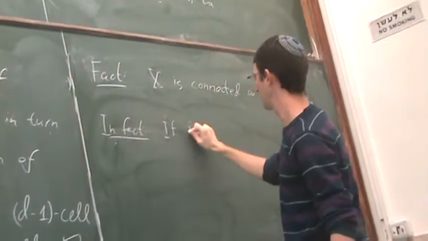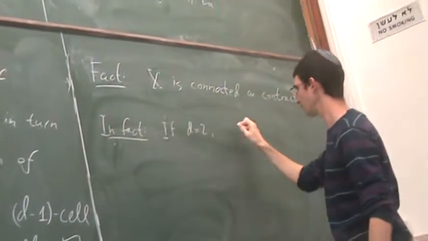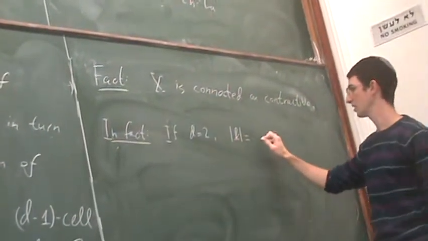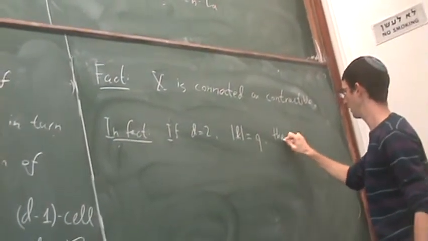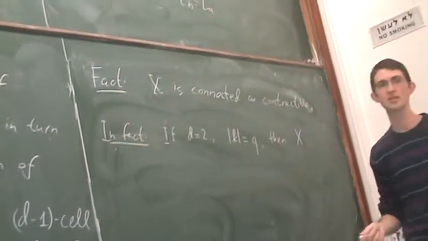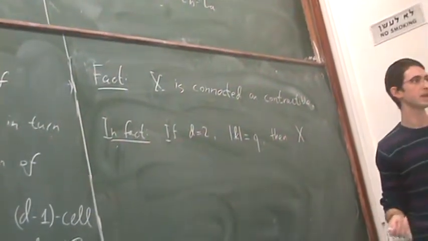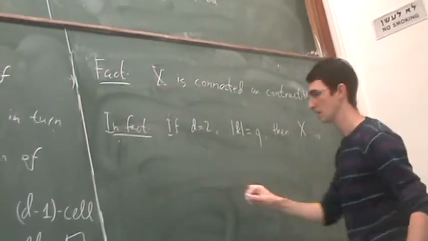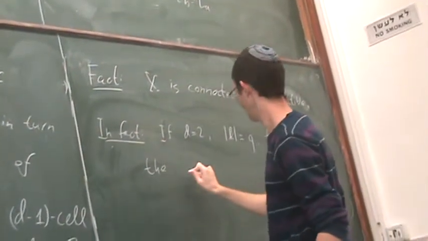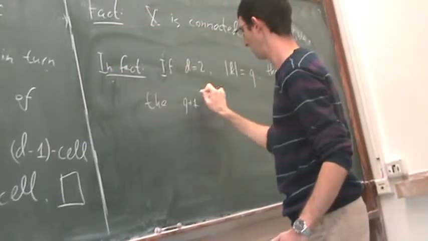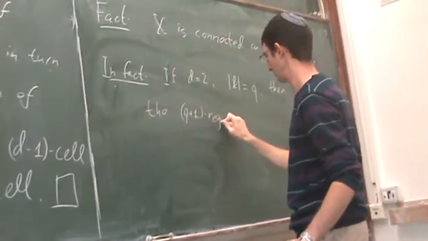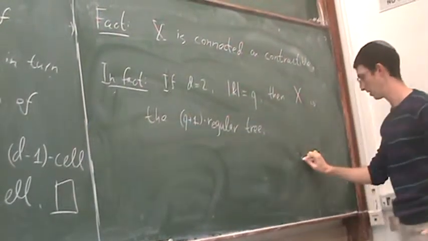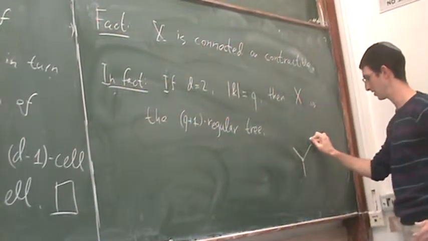If d equals 2 and the size of k is q, then X, which is just a one-dimensional complex, a graph, is the q plus 1 regular tree. So, I don't know, it looks like this.